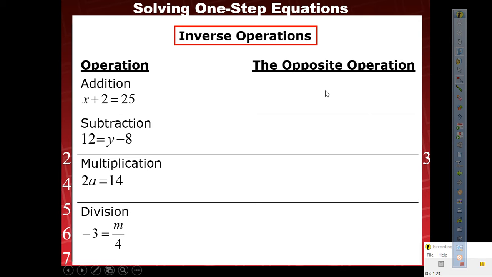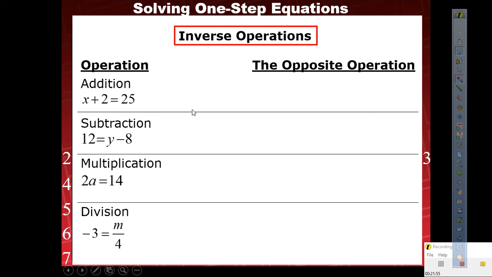Subtraction, right? How about here? Subtraction of 8. What would be the inverse? Addition. This one is multiplying 2 to the variable. What is the inverse? Division. And here, this variable is being divided by 4. What is the opposite of dividing by 4? Multiplication. Everybody got it?